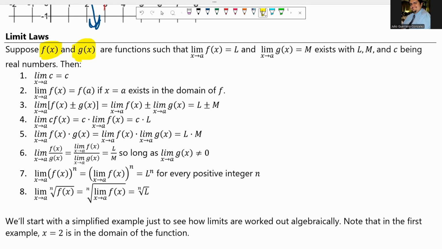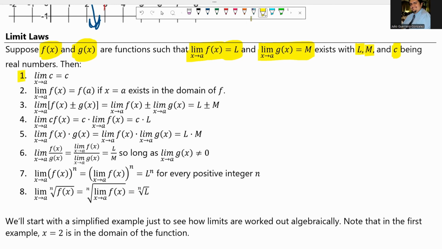Suppose you have f of x and g of x, and suppose that the limit as x approaches a specific value a is equal to L for f, and the same thing, g approaches a value M. And L, M, and c, so c is going to be another value that we're going to play around with, are real numbers. Then we have the following things that are true.